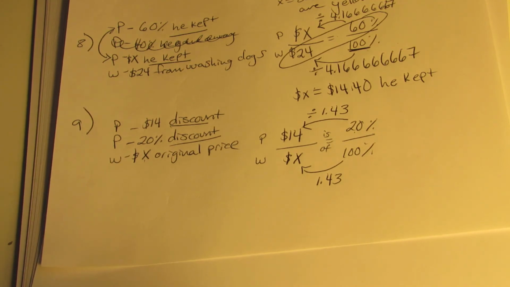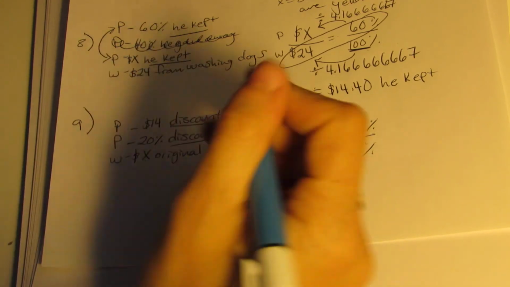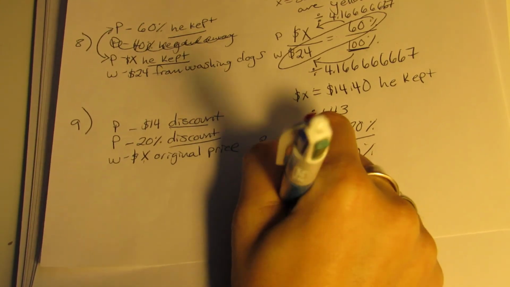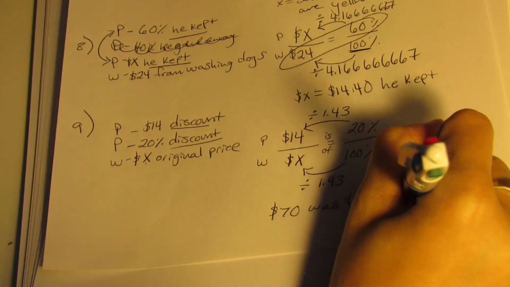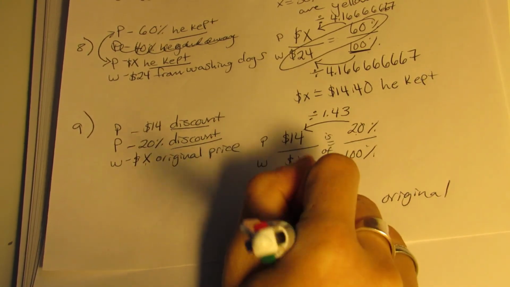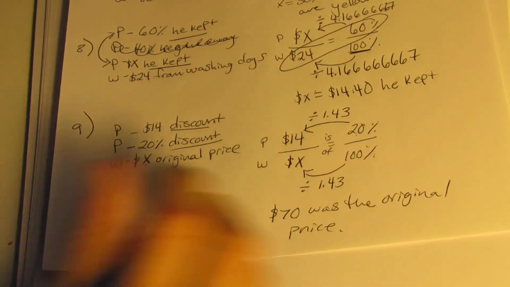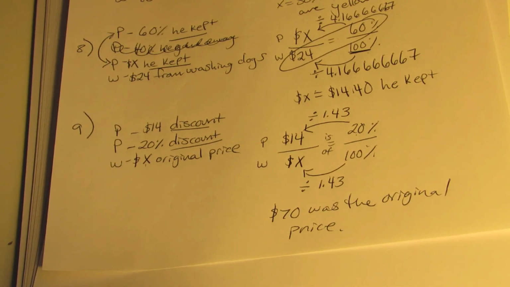So I'm going to divide 100 by the scaling factor of 1.43, and I get 69.9, which means I'm going to round up and say that $70 was the original price of the shoes. Okay, so $70 was the original price.